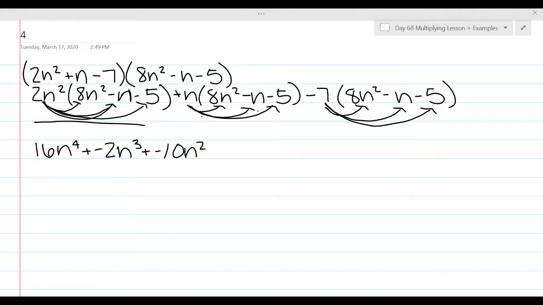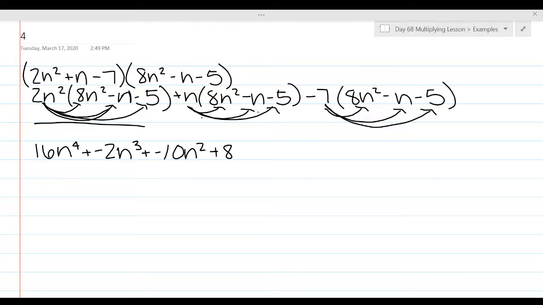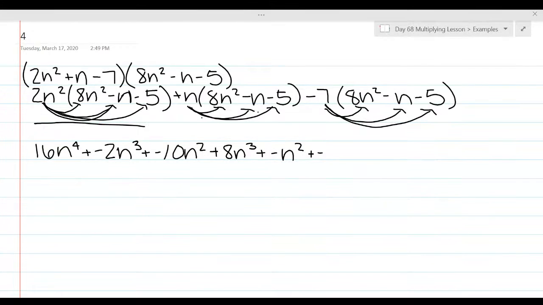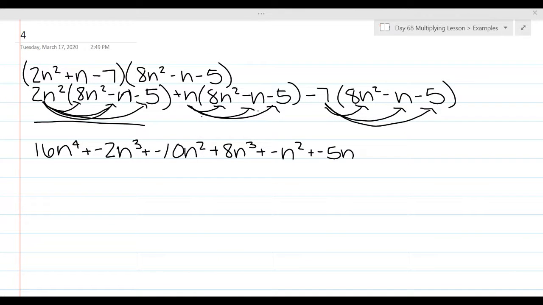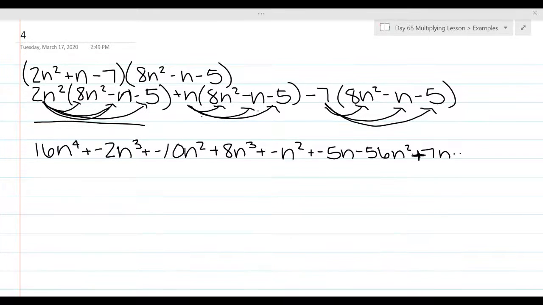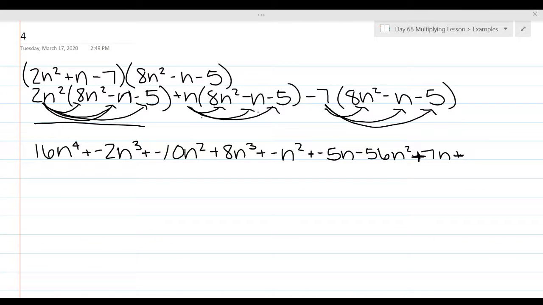Now we're going to move on to the next one. This one's going to be 8n cubed plus a negative n squared plus a negative 5n. On to our last one. We're going to have a negative 56n squared plus 7n, that's a plus sign, sorry, and then plus 35.